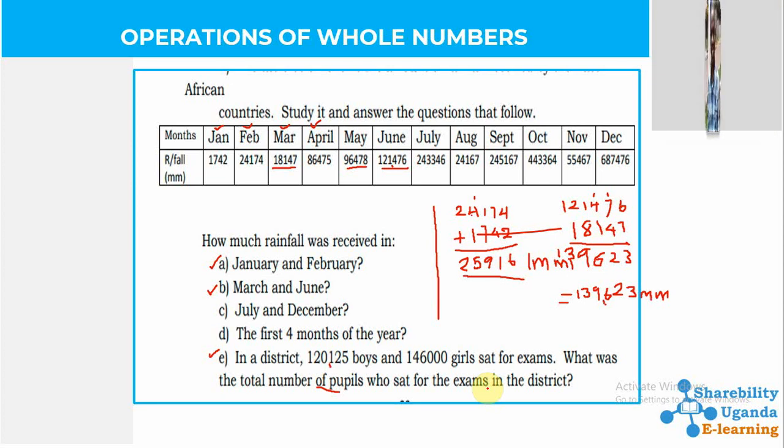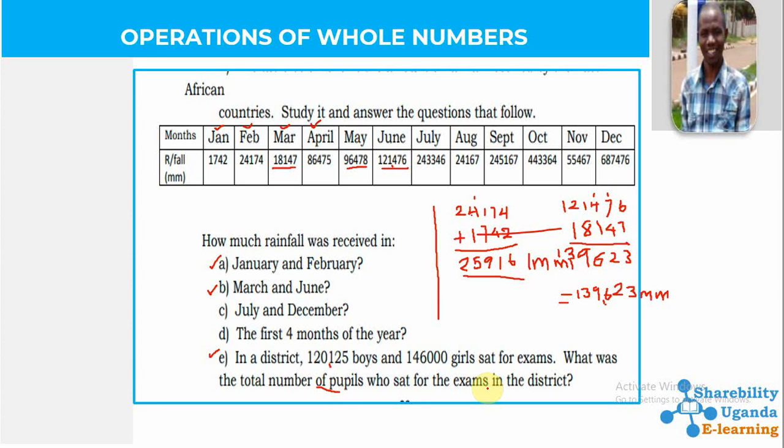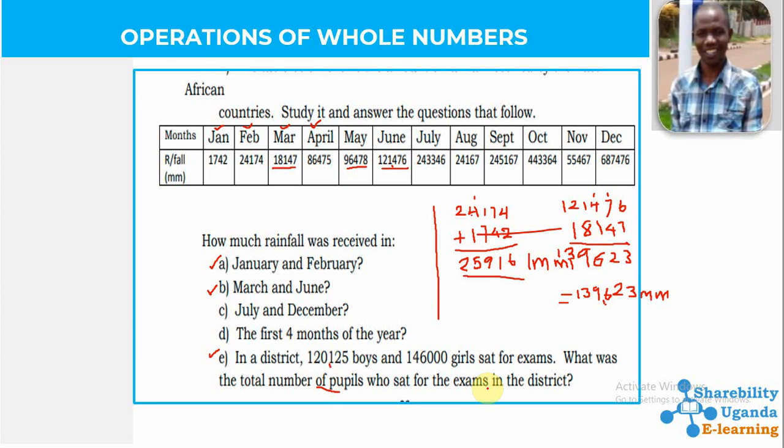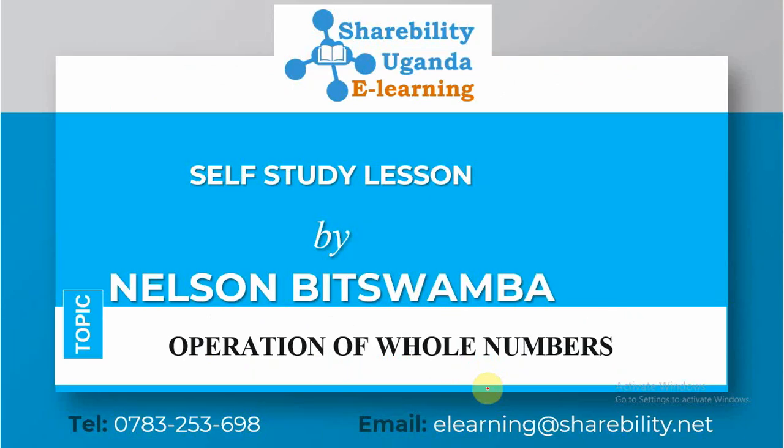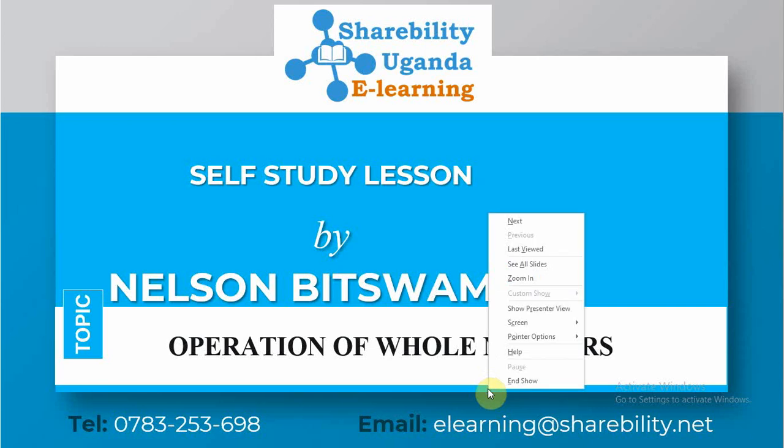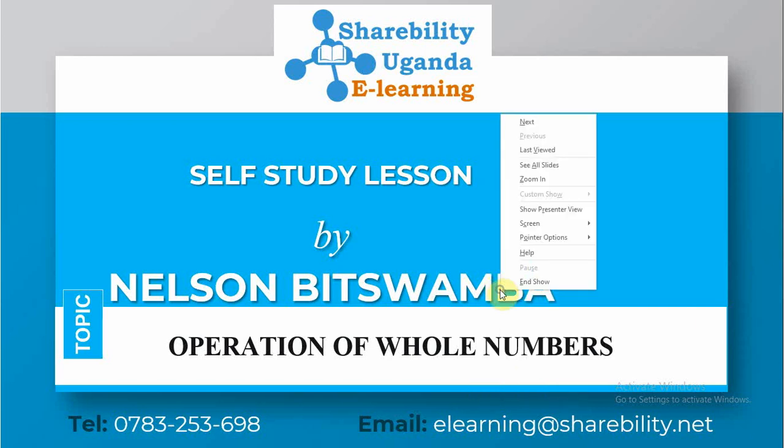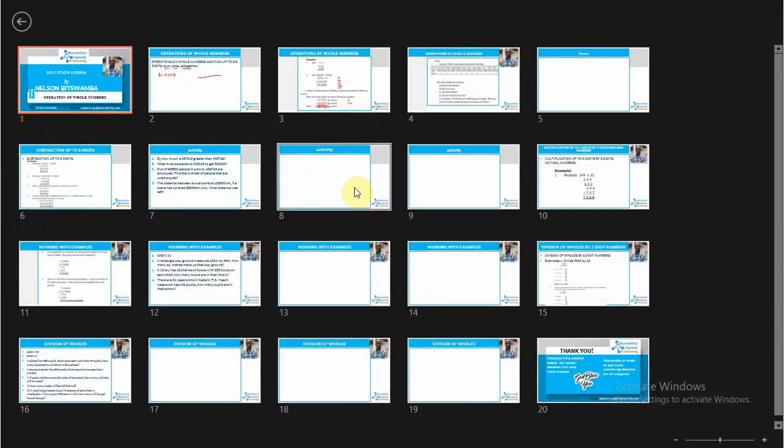Here we had 12,125. There we had 146,000. Okay, 146 thousand. So let's look at how we can do this. Let's look at how we can solve that.